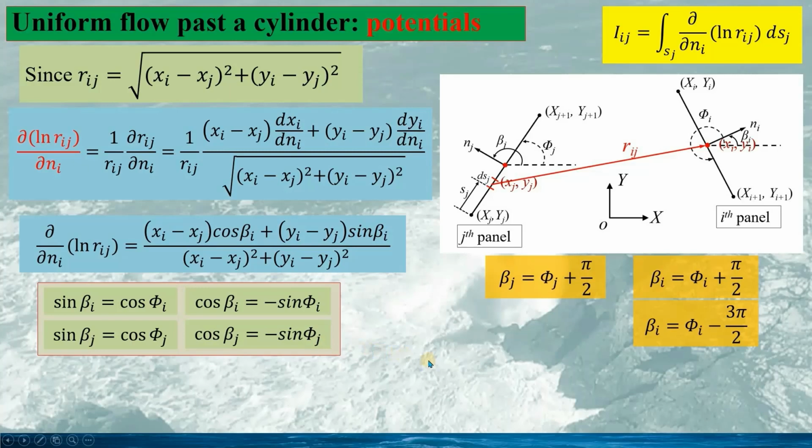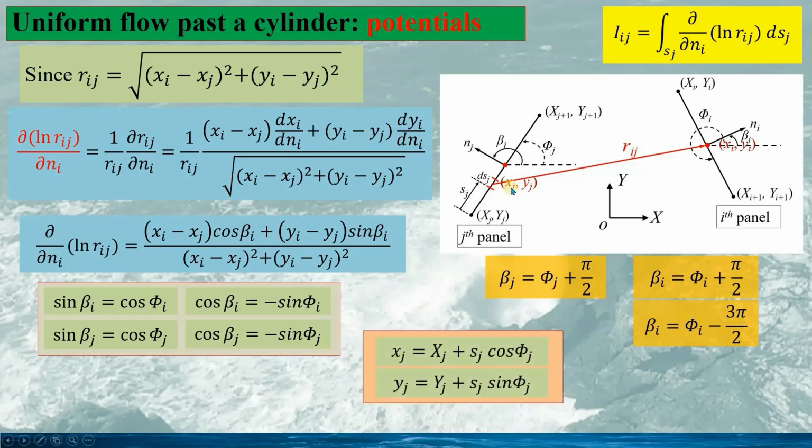sine capital phi j. And the coordinate xj would be calculated as capital Xj from the start point plus Sj times cosine capital phi j, and Yj would equal capital Yj plus Sj sine capital phi j.